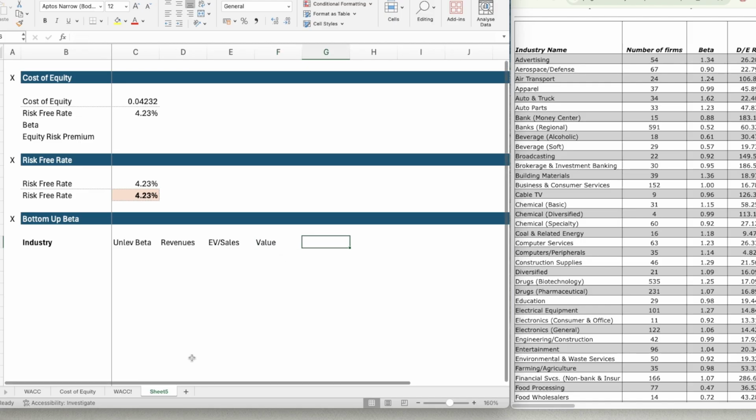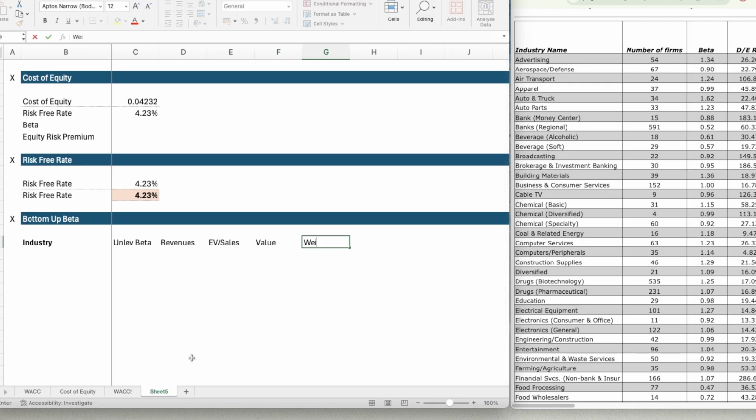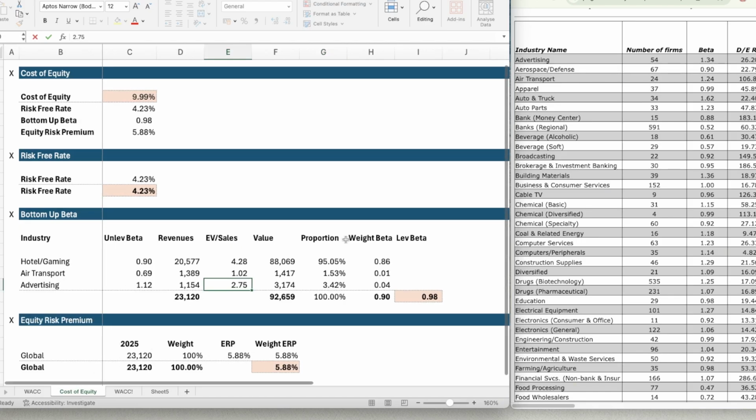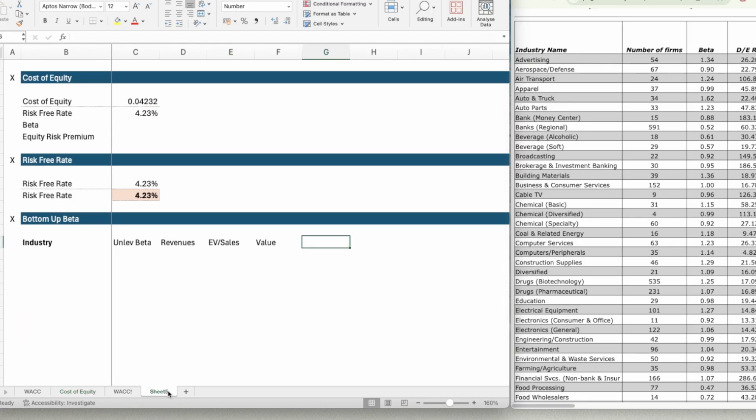The value of that, then we go weight, proportion, weighted beta, and levered beta. Perfect, I can remember that. Let's call it weight beta so that it fits.